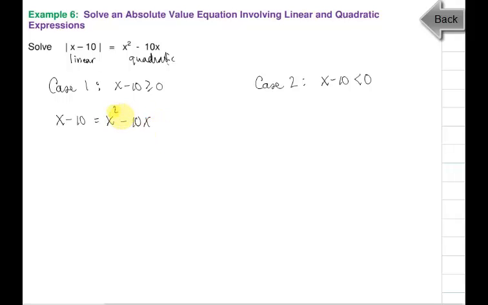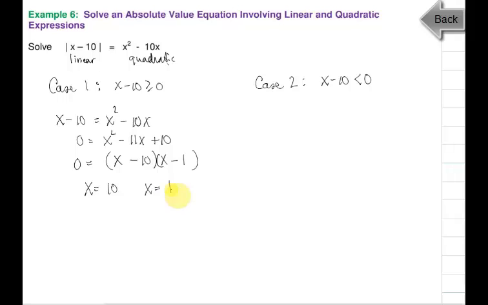We have a quadratic expression here, so we want to make everything equal to 0, and so we have x squared minus 11x plus 10, which we can factor. Factors of 10 that will give us 11 are negative 10 and negative 1, and so we get two answers. We get that x equals 10 and x equals 1.